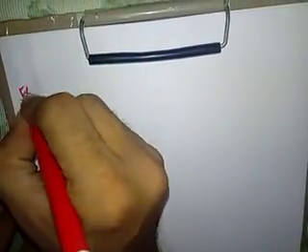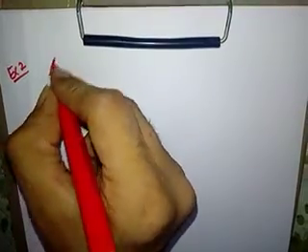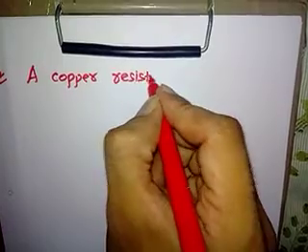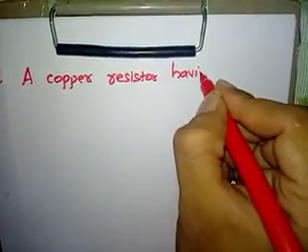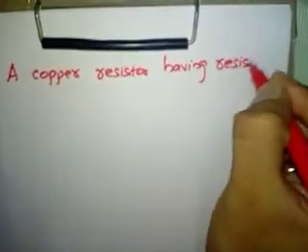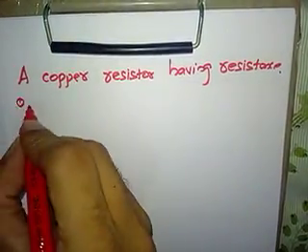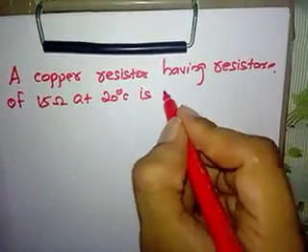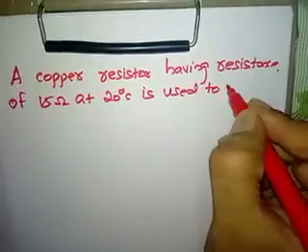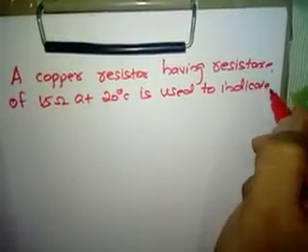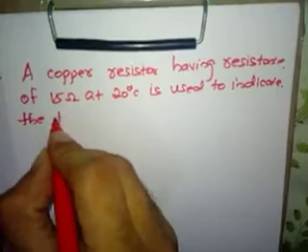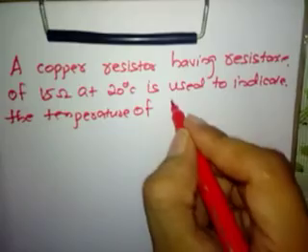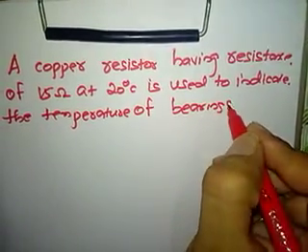Second one, a copper resistor having resistance of 15 ohm at 20 degrees Celsius is used to indicate the temperature of bearings of a machine.